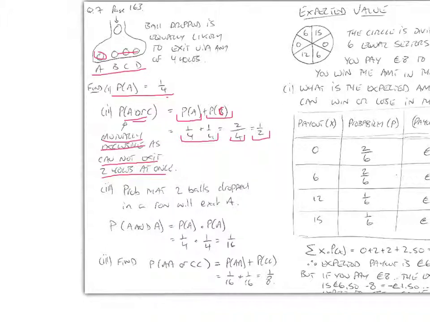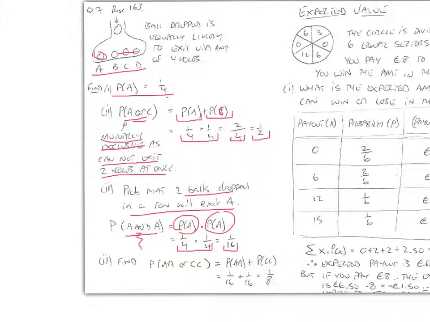Now, what about finding the probability that if 2 balls are dropped in a row, they will both exit through A? Well, that's equal to the probability of A and A. We see the and sign, that means it's the probability of it going through A multiplied by the probability of going through A. So that's 1 in 4 times 1 in 4, which is 1 in 16.